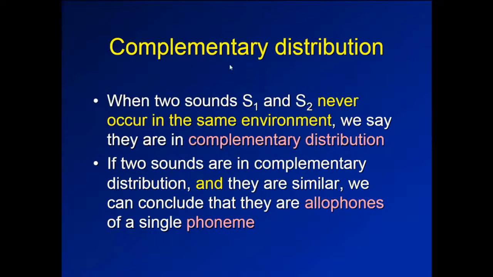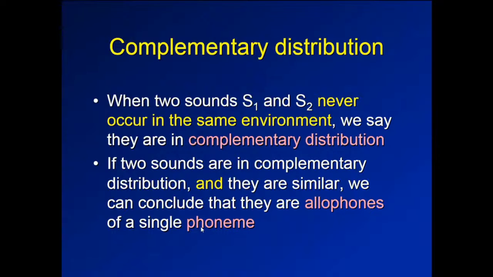In this case, we can talk about complementary distribution. When two sounds S1 and S2 never occur in the same environment, we say they are in complementary distribution. If two sounds are in complementary distribution and they are similar, we can conclude that they are allophones of a single phoneme. And this is the case here.